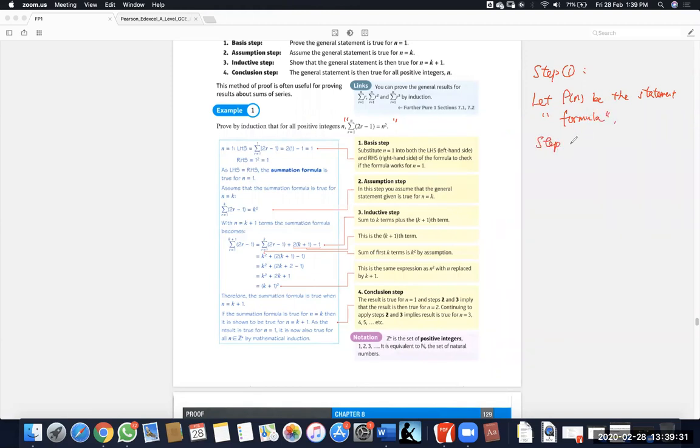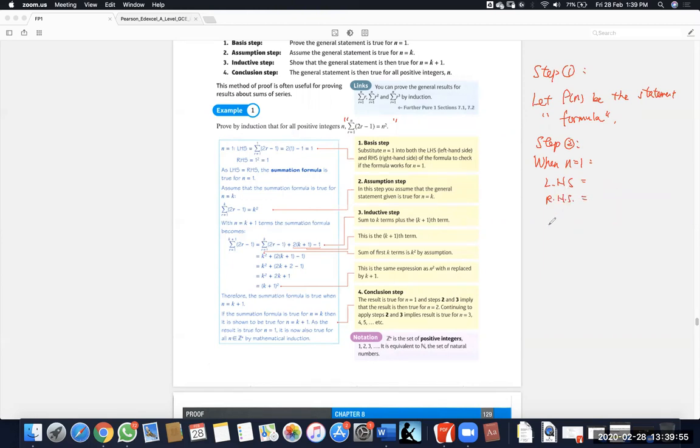At step 2, you need to prove that the statement is true for n equal 1. So when n equal 1, the left-hand side of the statement is something, and the right-hand side is something.